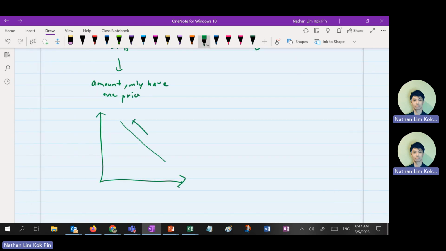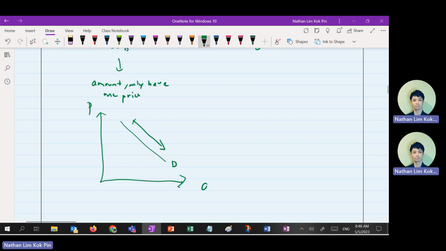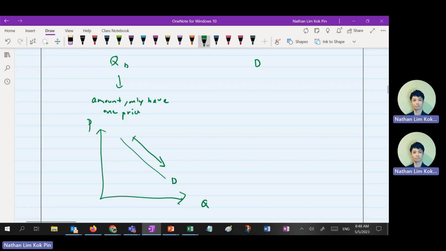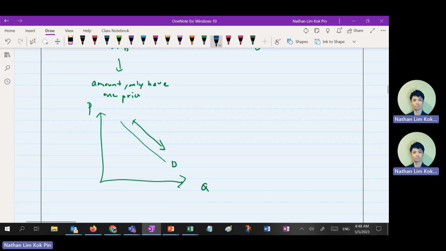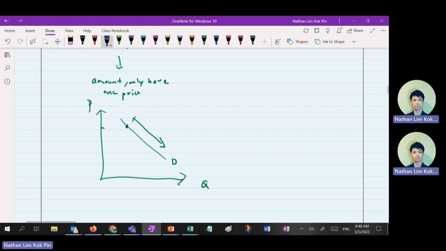This is your demand curve. Movement along the curve. So 1 point will only have one price because it's movement along.